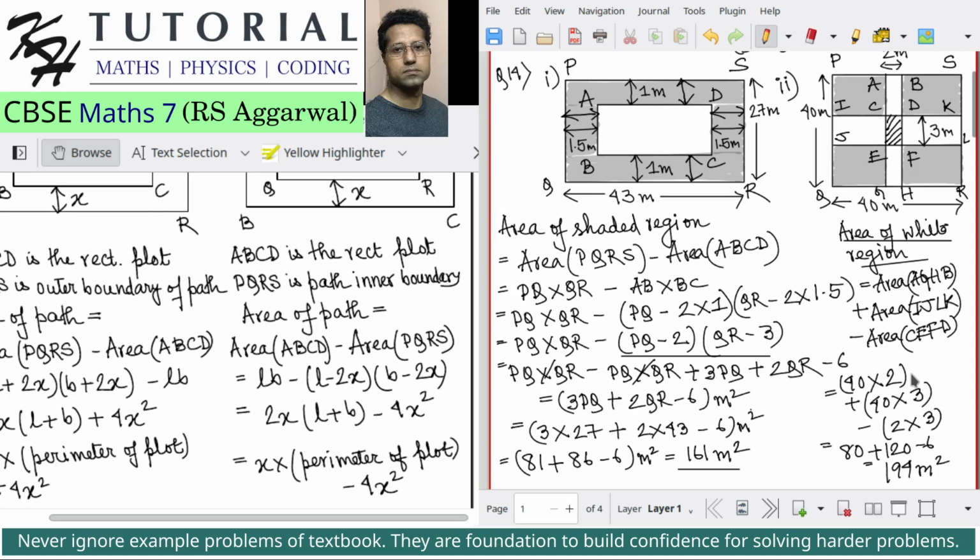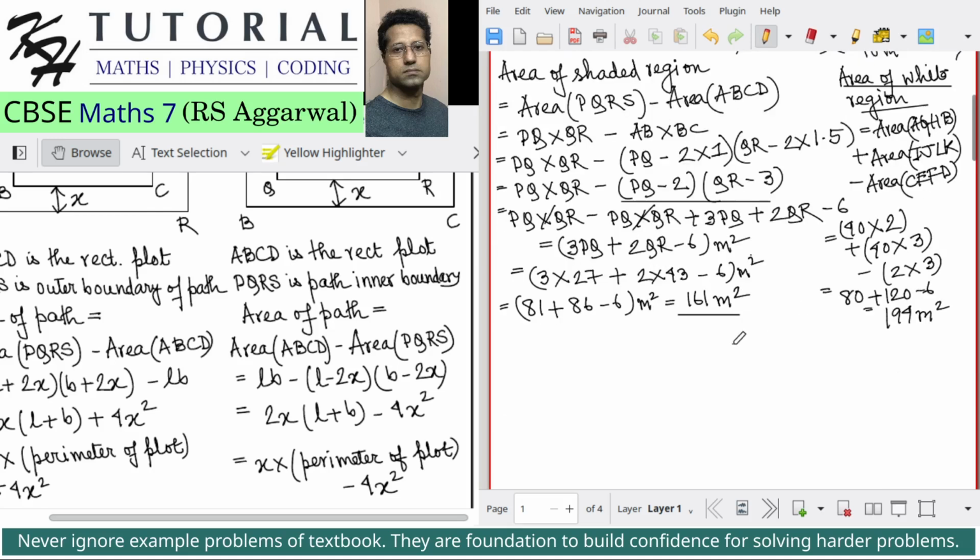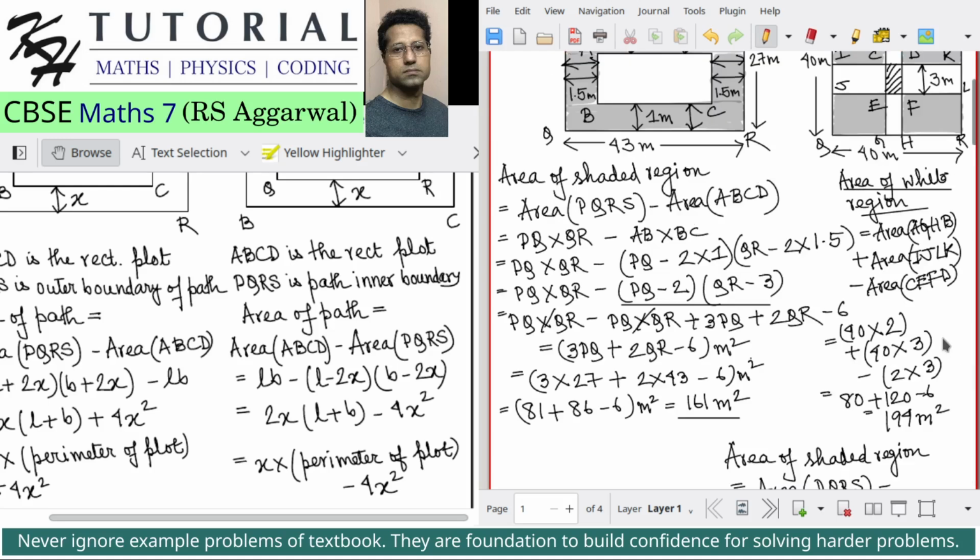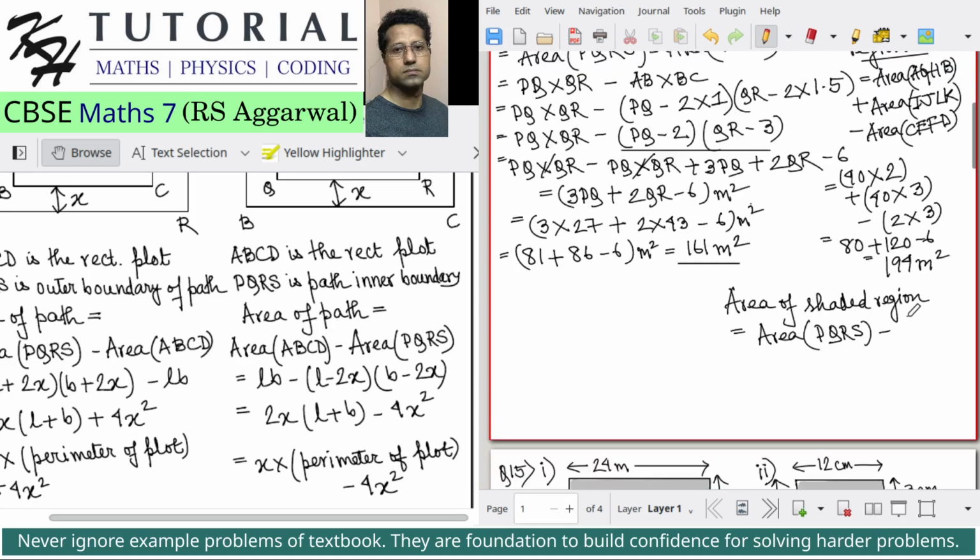Now to find the area of the shaded region, the area of the shaded region will be equal to the area of the whole figure, which is the square PQRS, minus the area of the white region, which is 194 meter square. Now what is the area of the square?